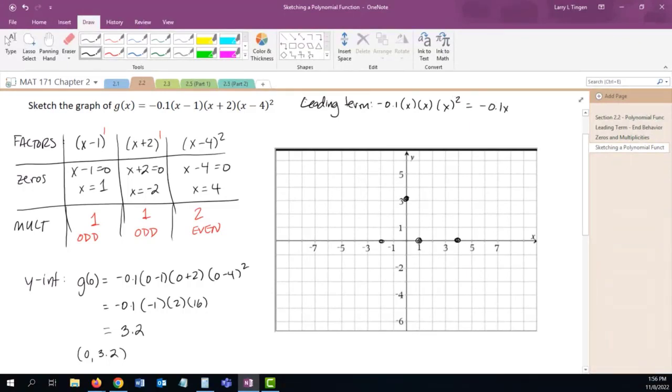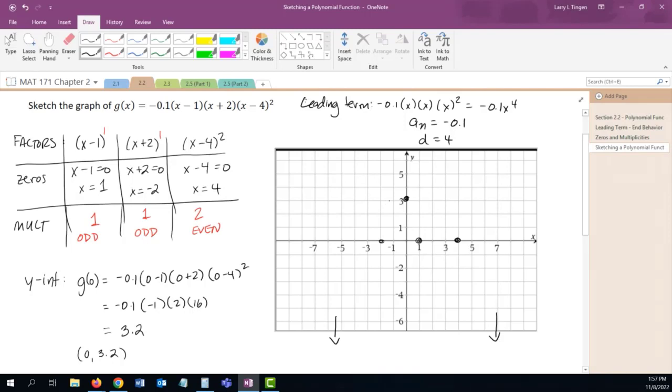So that's negative 0.1 x to the fourth. So that means I have even degree. Leading coefficient is negative 0.1. The degree is 4. So that means what? I'm either up both ways or down both ways. Leading coefficient's negative, so it means I'm doing this. All right. So the end behavior helps me know where to start my graph and then where to end it.